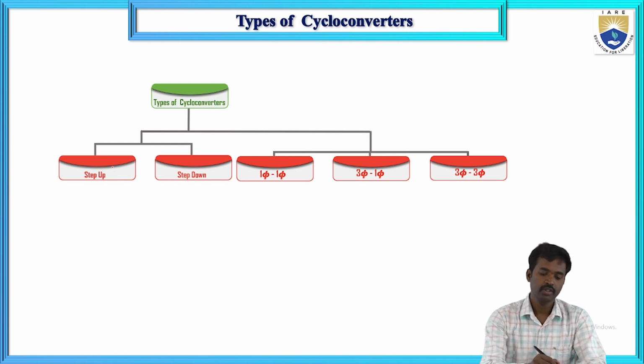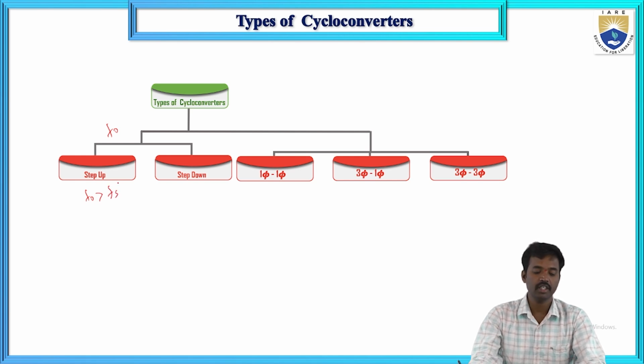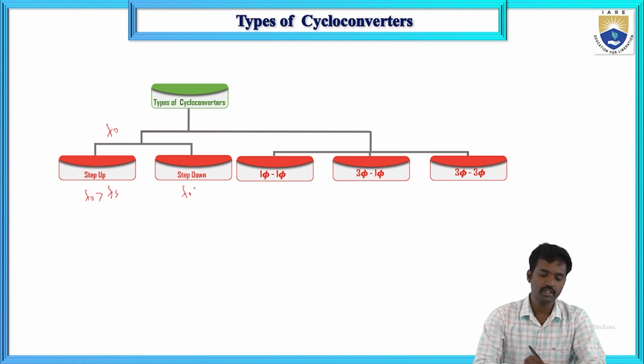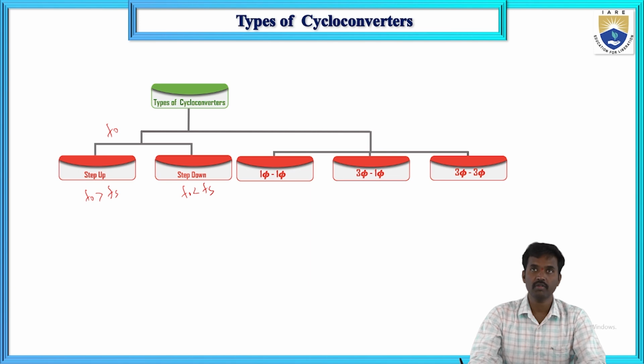Depending upon the output frequency, they are classified as two types: step up and step down. If output frequency is greater than input frequency, that is, supply frequency, that is a step up cycloconverter. If output frequency is less than input frequency, that is a step down cycloconverter.